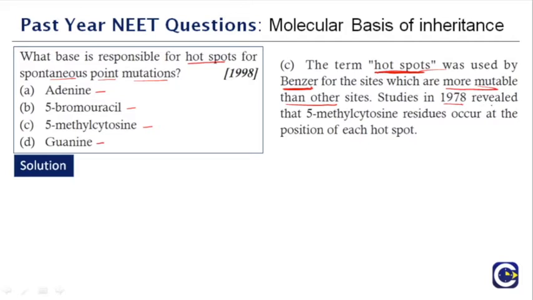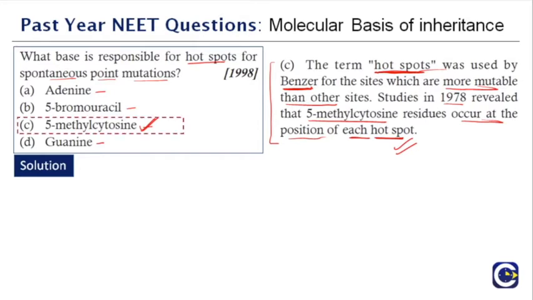Studies in 1978 revealed that 5-methyl cytosine residues occur at the position of each hotspot. Okay, if you did not know this information, then just remember this, that 5-methyl cytosine is present in the hotspot position, and hotspots are the places where mutation takes place. They are more mutable than other sites. So the right answer is C.